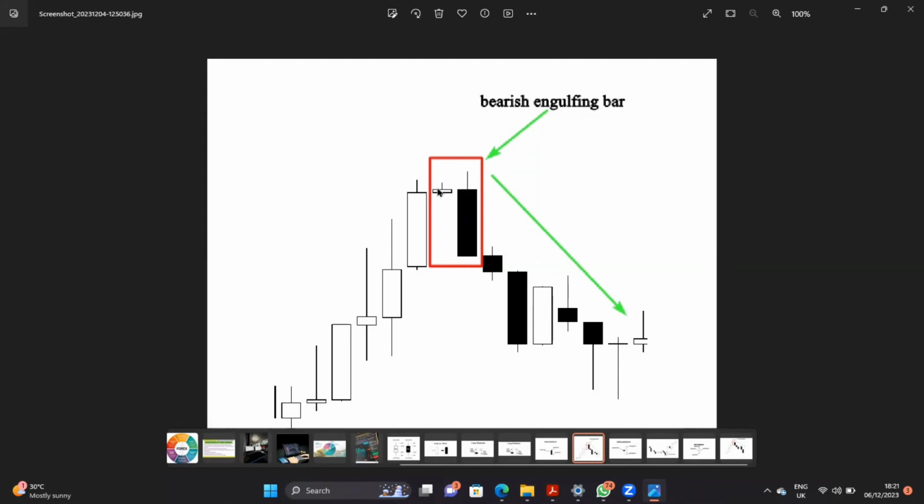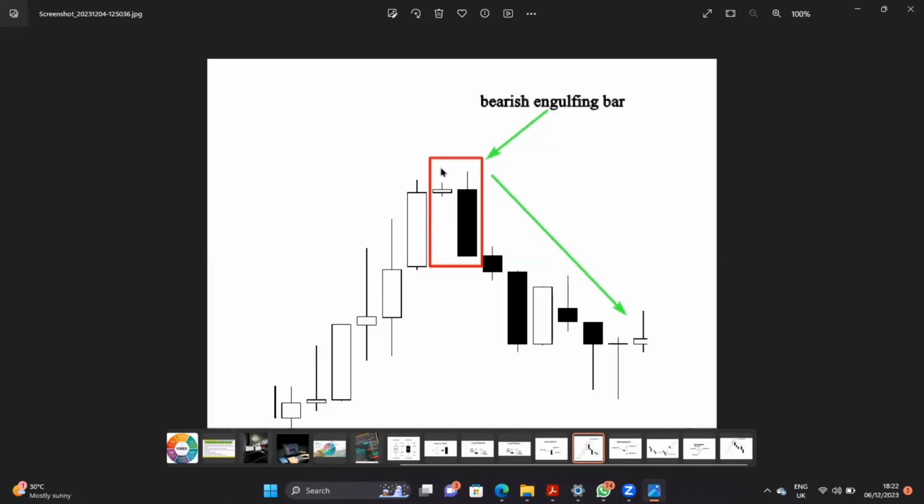So we call this kind of setup an engulfing candle or an engulfing pattern. The engulfing bar can engulf more than one previous candle. Whether it's a bullish or a bearish engulfing candle, we'll know more about that, but for now, let's concentrate on what an engulfing candle is about.